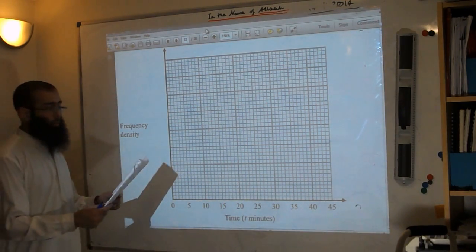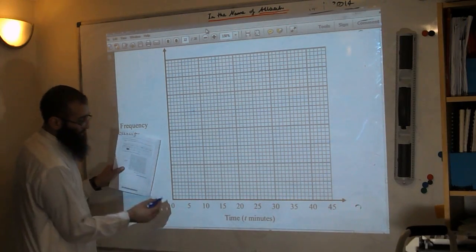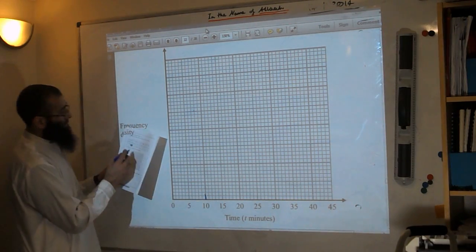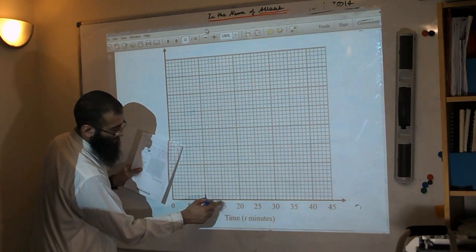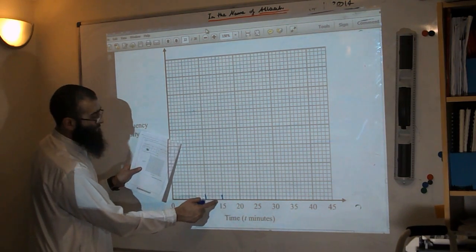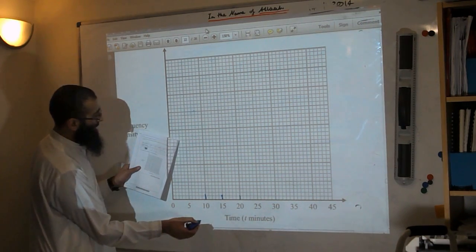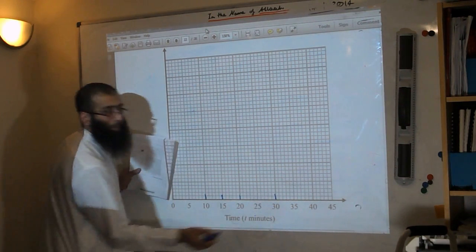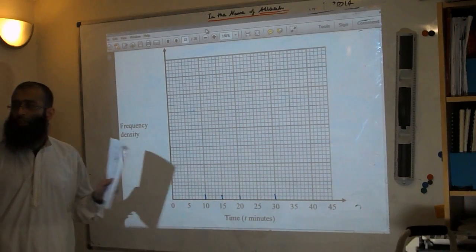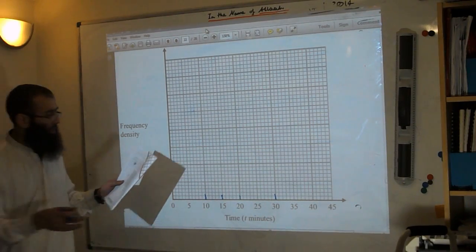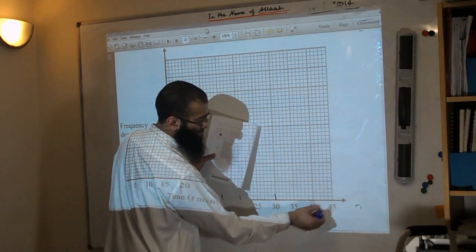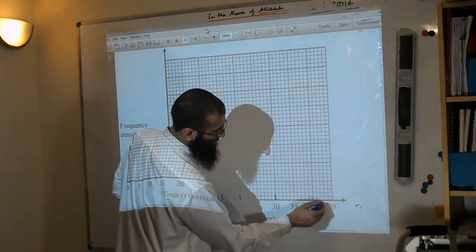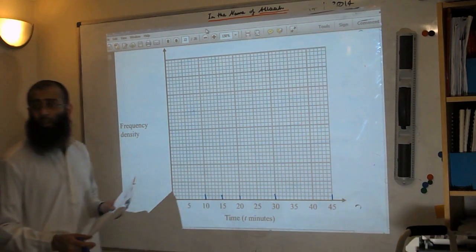We've got 0 to 10, then 10 to 15, then 15 to 20, and then 20 to 30, and then 30 to 45. Remember, this is not a bar chart. We will have unequal class widths, so expect it.